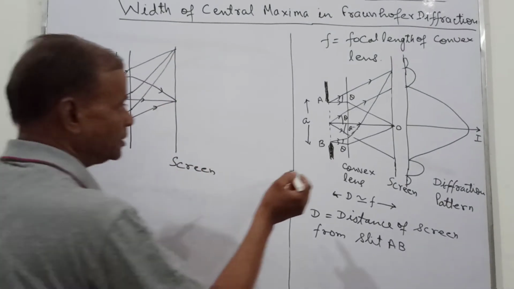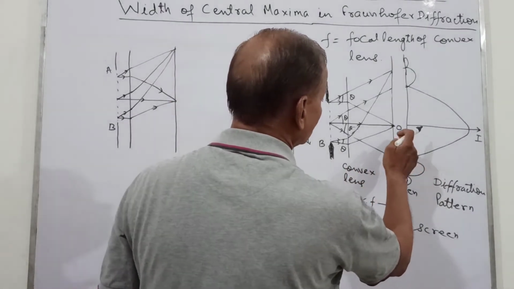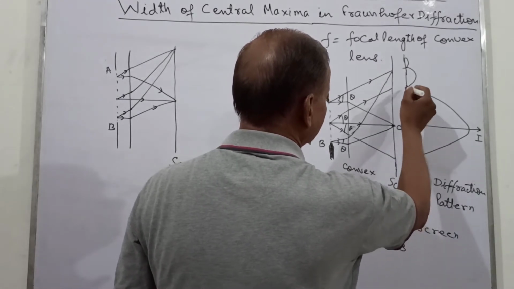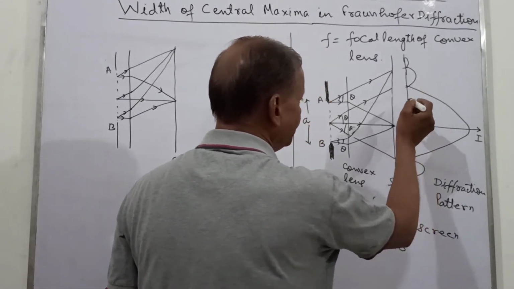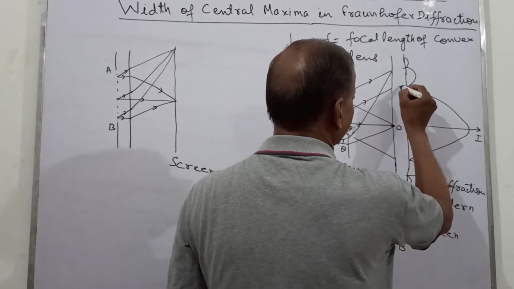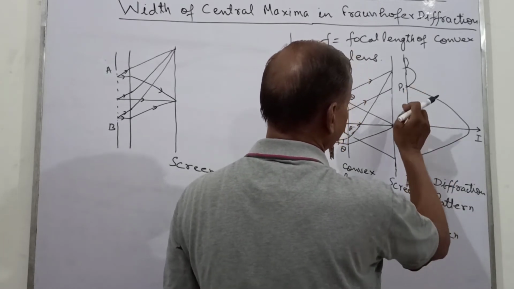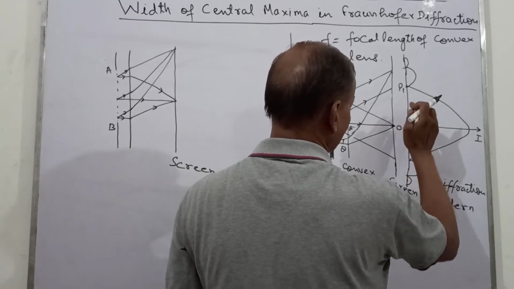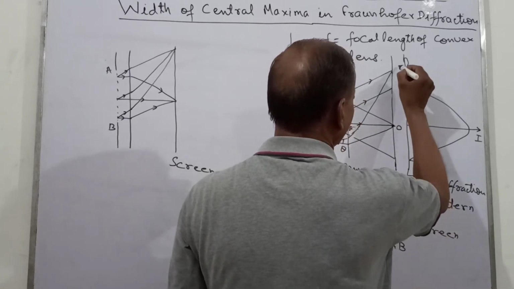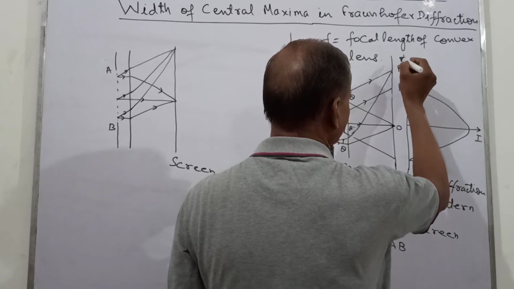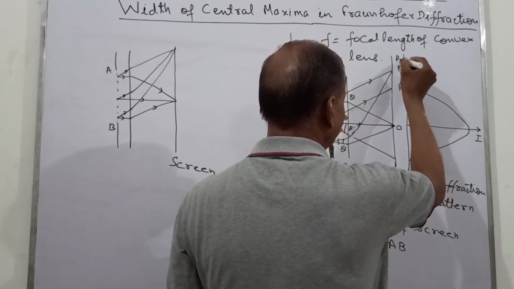This is point O. This is suppose point P. Let us take P1, P2 like this. This is P3.